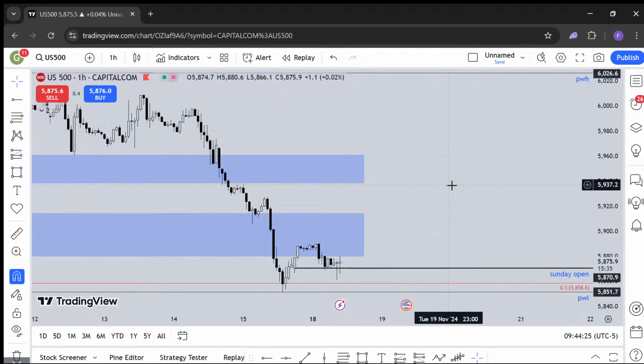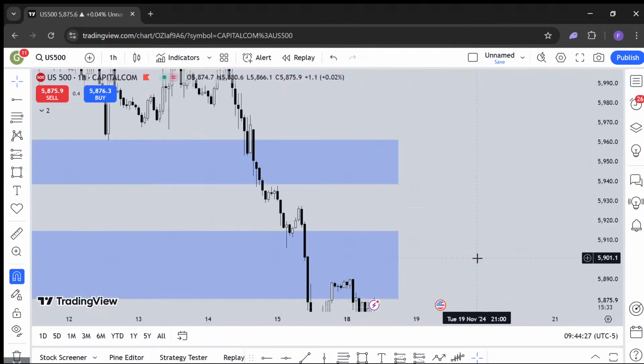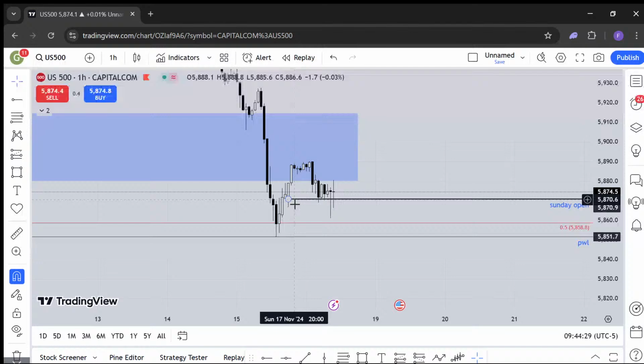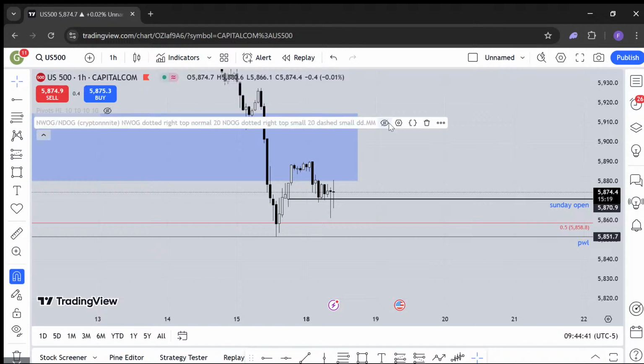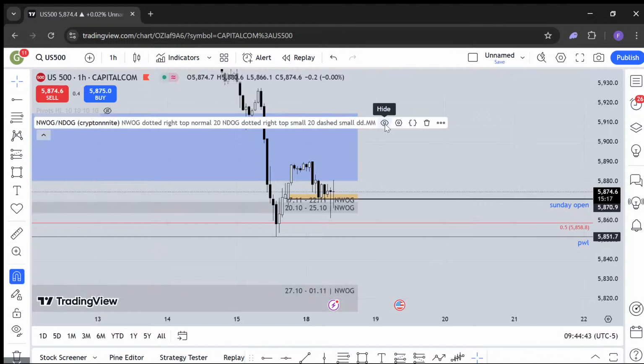So we've been consolidating around the Sunday's opening price. The new week opening gap for Sunday's trading for this current week is almost none. So likely it will be a one-sided direction in price.